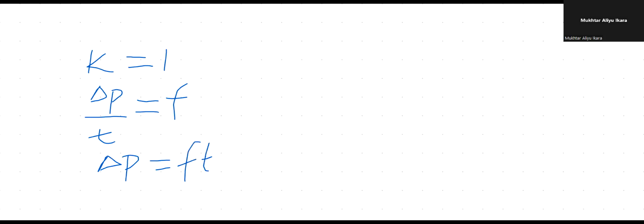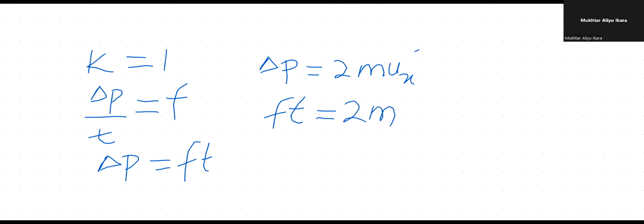Therefore, we are now going to replace delta p in the equation, where we have 2mux, with Ft. So now Ft is going to be 2mux.